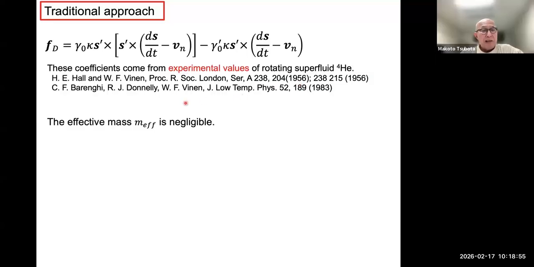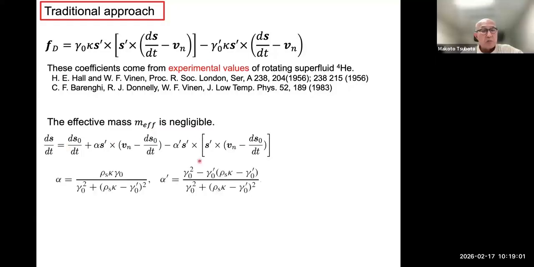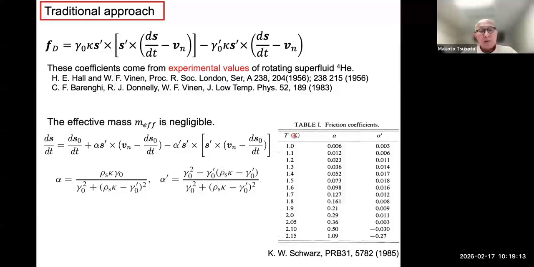If we neglect the effective mass, then we can obtain this kind of equation of motion of the vortex filament. And here, the alpha coefficients, alpha and alpha prime, are described by gamma 0 and gamma 0 prime like this, and their temperature dependence is something like that. Most of the previous numerical simulations used this mutual friction.